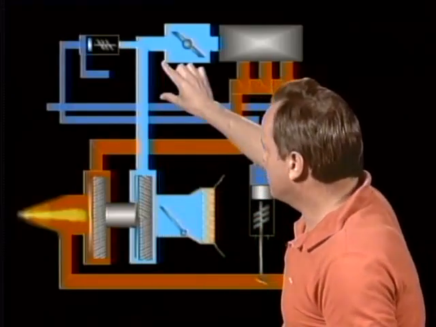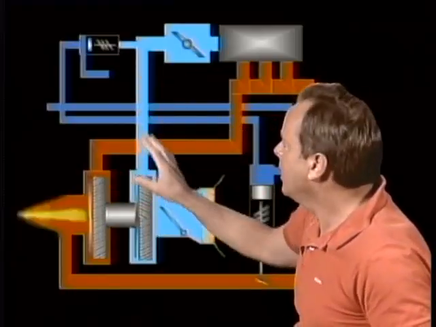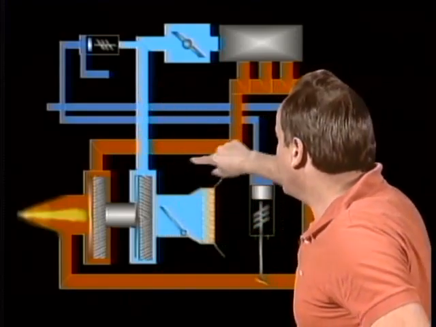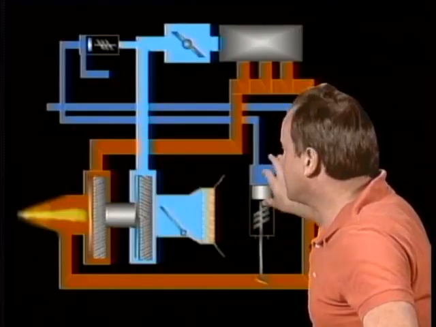So the pressure ratio controller limits the ratio between upper deck pressure and ambient pressure. Here's the upper deck pressure right in here. Ambient pressure is outside the aircraft, and it says we never want to compress this air any more than a 2 to 1 ratio, and so you have the pressure ratio controller, and once again it bleeds oil off of the wastegate actuator to open the wastegate, and that's the way it works.